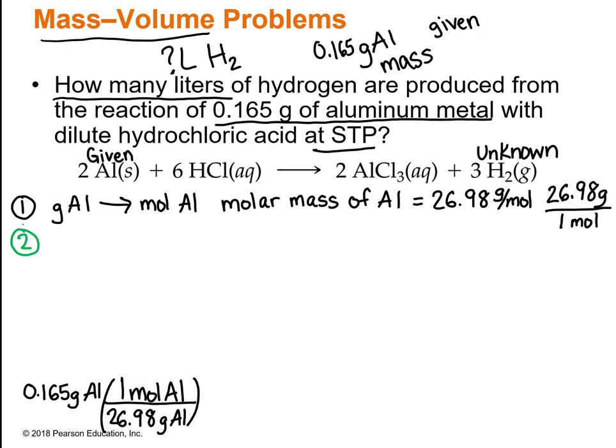Our second step is going to be taking the moles of aluminum and converting that to moles of hydrogen gas, which is our unknown. And we're going to use a mole ratio for that. We're trying to get rid of the moles of aluminum. So should that go on the top or the bottom?